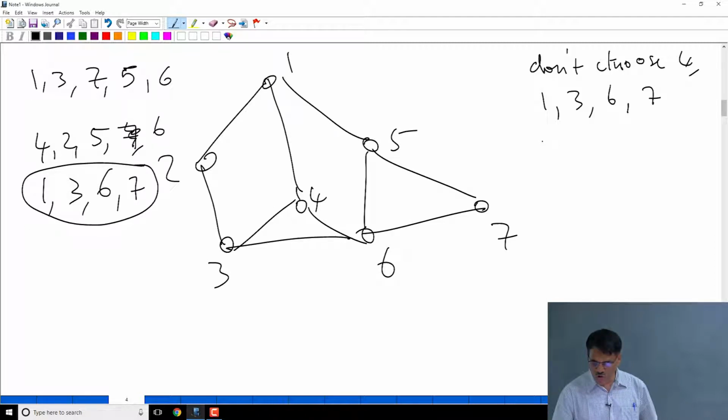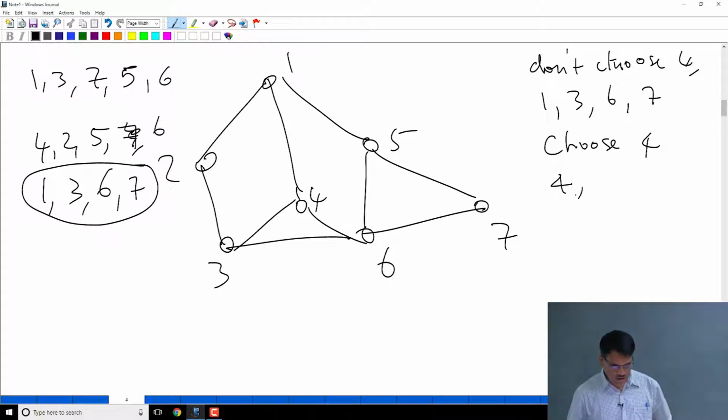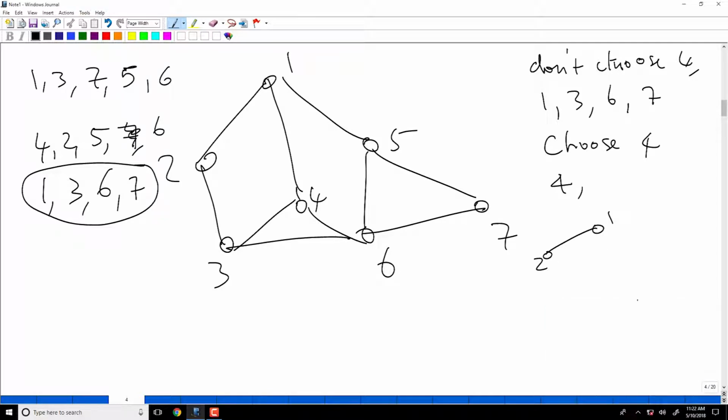If you choose 4, then here is my argument, because we are going to use this. Here is a matching: 1 2, 3 6 and 5 7. What does that mean?